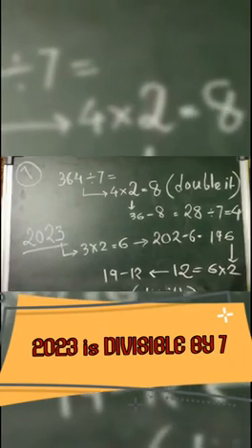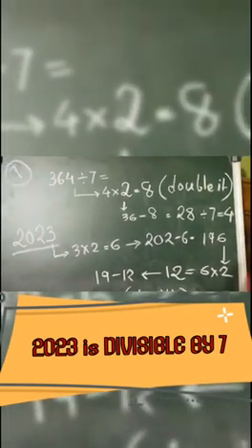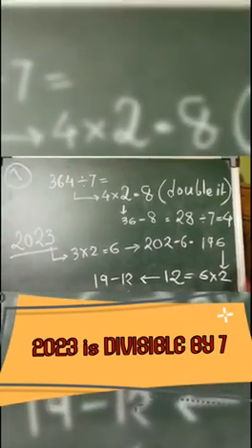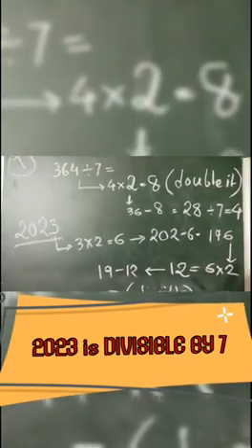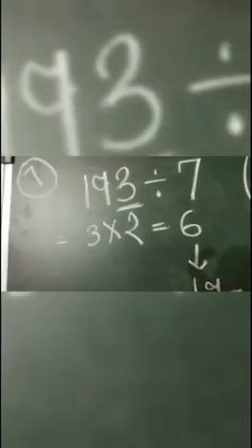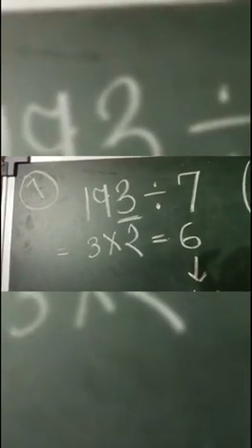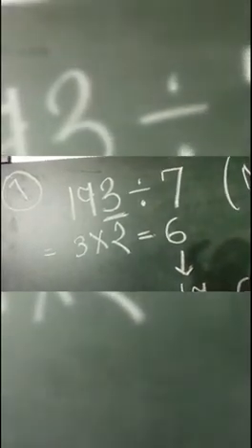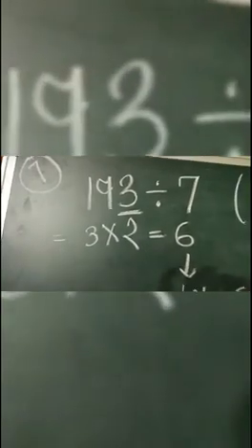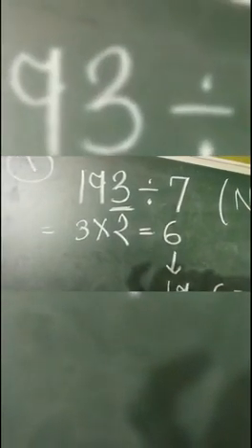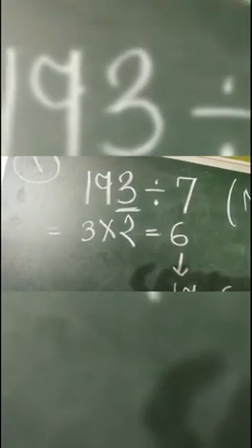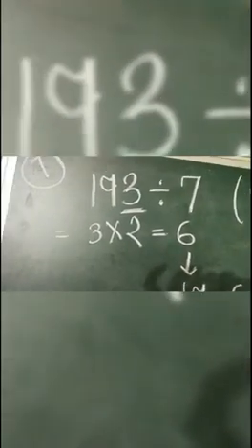Here are the two numbers, and after following the same process we can say that both the numbers are divisible by 7. Okay, so my last number of divisibility test of 7 is 193. Here we will follow the same rule. We will simply double the last digit, that is 3, and we will get number 6.